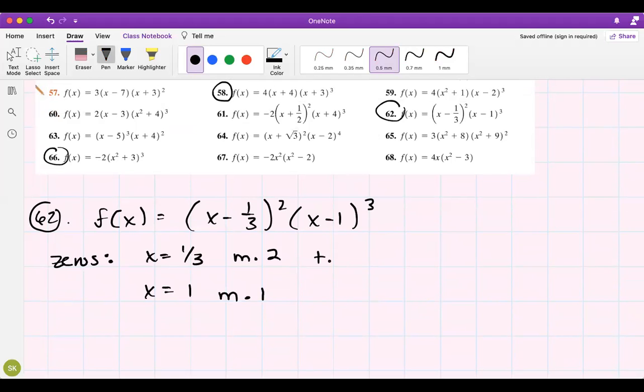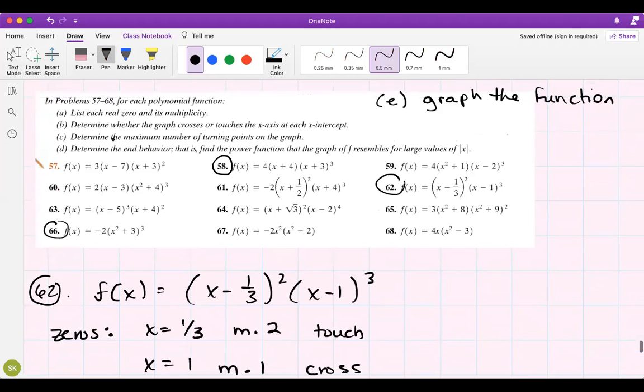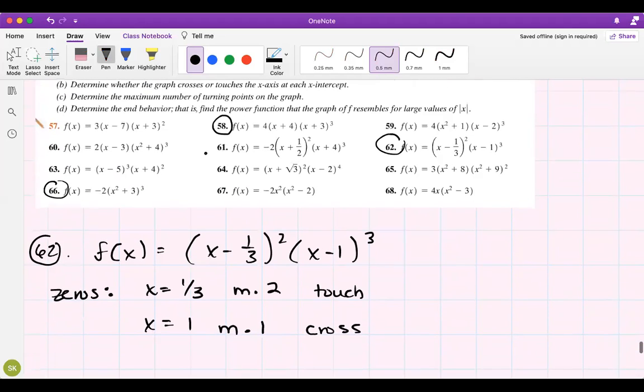That tells us that we're going to touch this x intercept, and we're going to cross this one because of the multiplicities. Okay, we need to determine the maximum number of turning points. Well, if we expanded this, we would get f of x is equal to, notice that you'll get an x cubed and an x squared, and if you multiply those together, you get an x to the 5th, plus some other stuff, but this stuff would have smaller powers, and the leading coefficient here is 1.